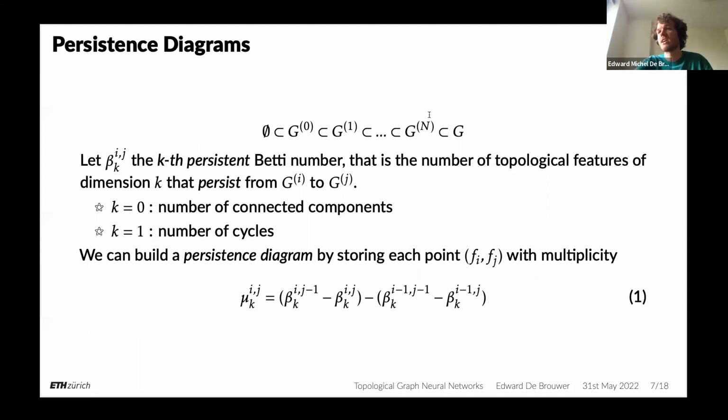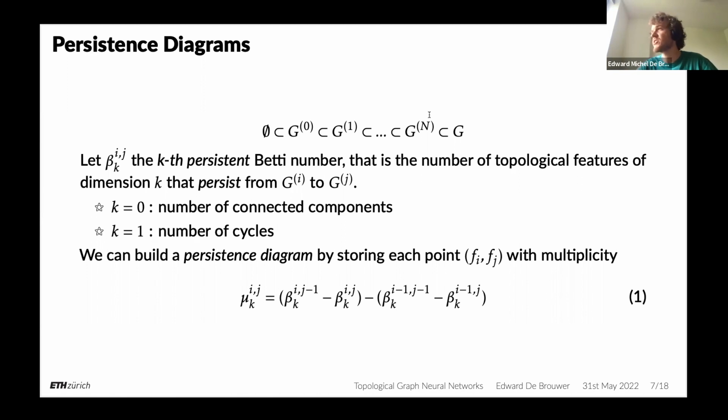Then the second one is that, okay, one obvious option would be to check K2, so the number of cliques. Why we didn't do this is that K0 and K1 are the easiest to compute, and from a computational perspective, less expensive. There are other works that try to capture more complex topological features, such as the number of cliques.